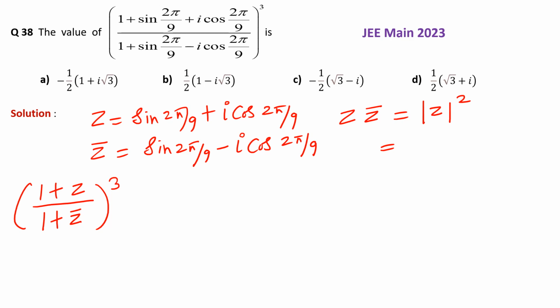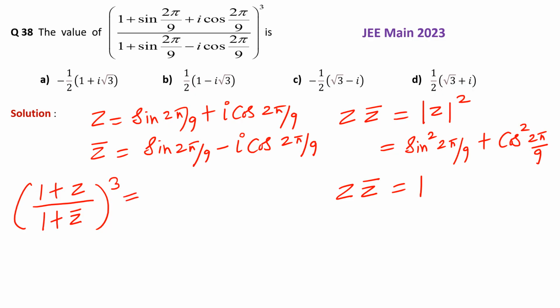So that means square of mod z in this question becomes sin² 2π/9 + cos² 2π/9. And we also know that sin² θ + cos² θ is equal to 1. So that means z into z bar is equal to 1.